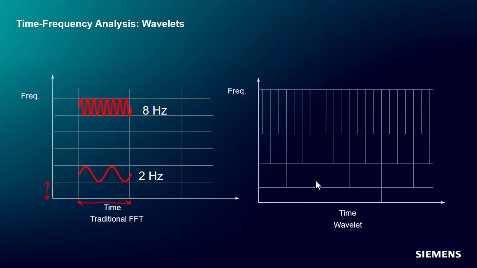With a wavelet, however, the relationship is a little bit different. As I go higher in frequency, I get maybe more smearing in my frequencies, but I can use a shorter amount of time to analyze that data. So instead of having a fixed relationship, I get a variable relationship or a time variant relationship. And in Test.Lab, we call this time variant frequency analysis because of this relationship.